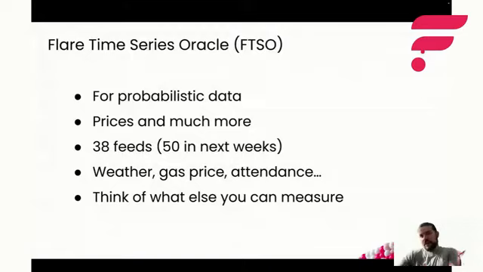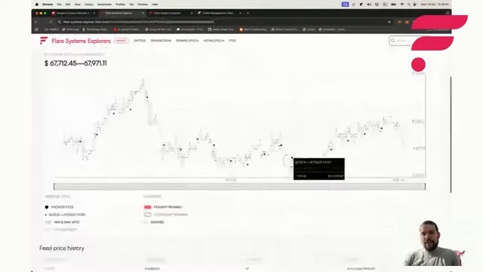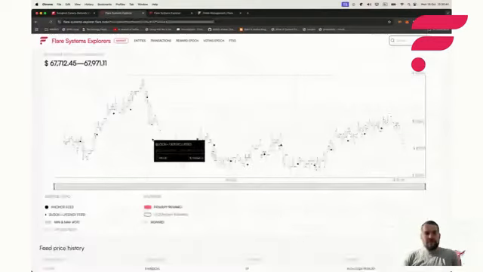So we're enlarging the set of data feeds available on the network, and all these can easily be visualized in the Explorer. So again, the Flare Systems Explorer, the one that I spoke about, where you can see entities, you can also observe what's happening with a specific price feed. So you can check a specific price feed and see what's happening on chain directly.